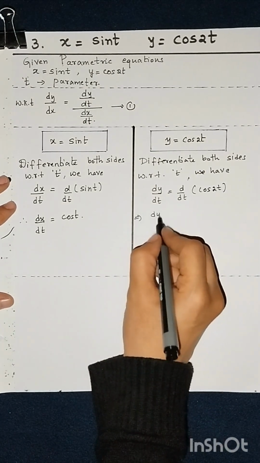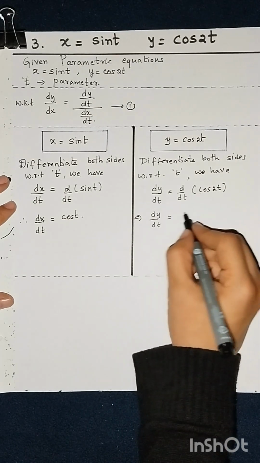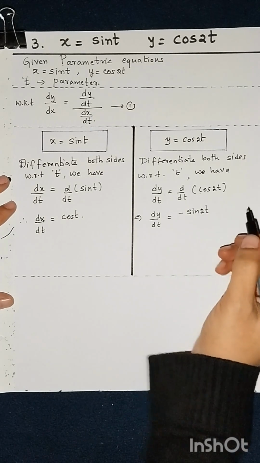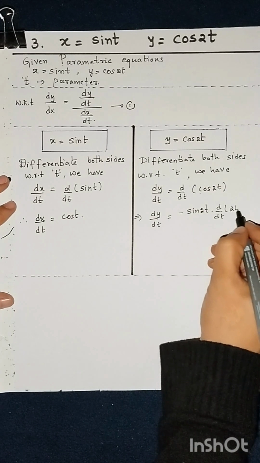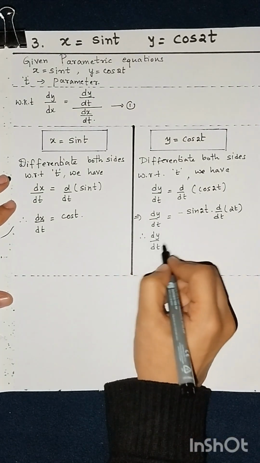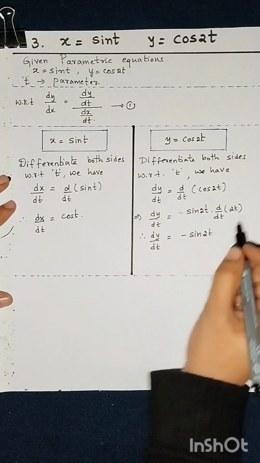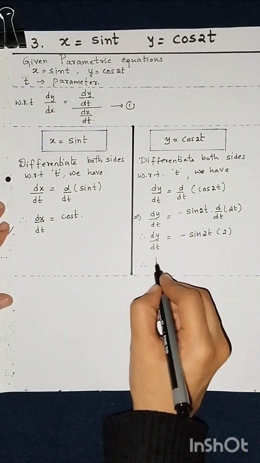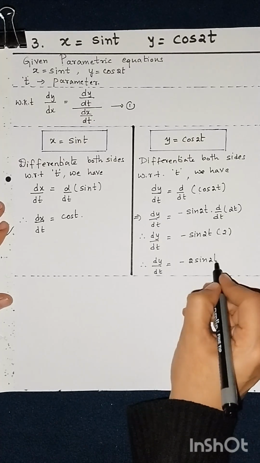This implies dy by dt is equal to the derivative of the cos function, which is minus sine function, that is minus sine 2t. And we should also differentiate 2t because of the chain rule. So we get minus sine 2t, and the derivative of 2t is 2. Just rewrite this: dy by dt is equal to minus 2 sine 2t.